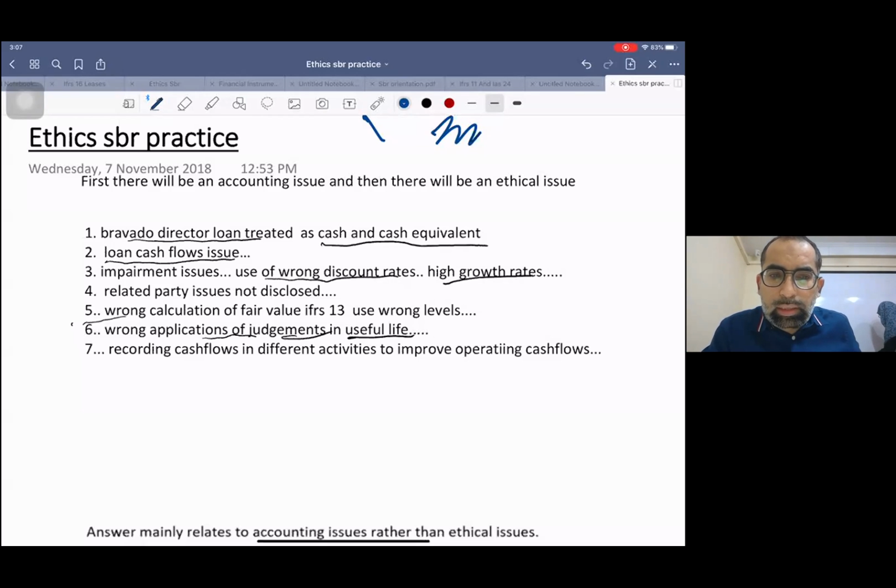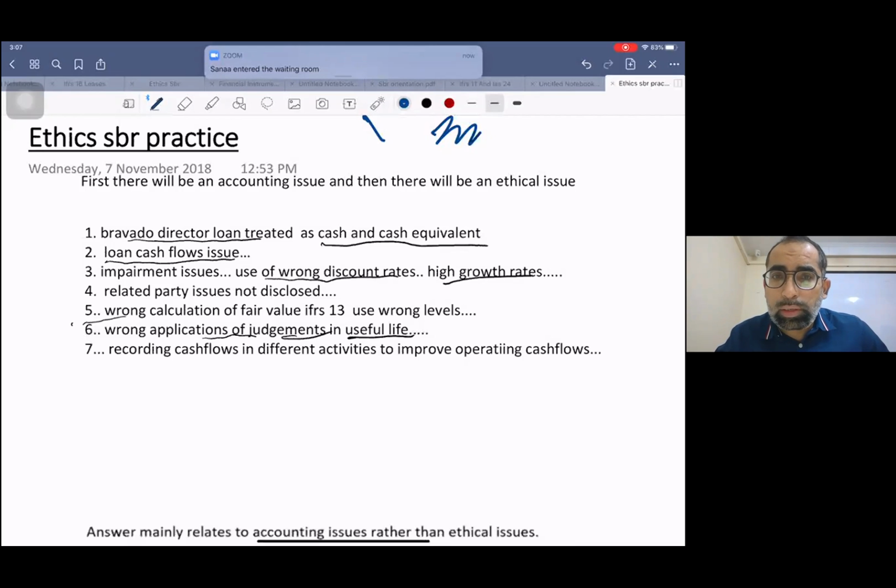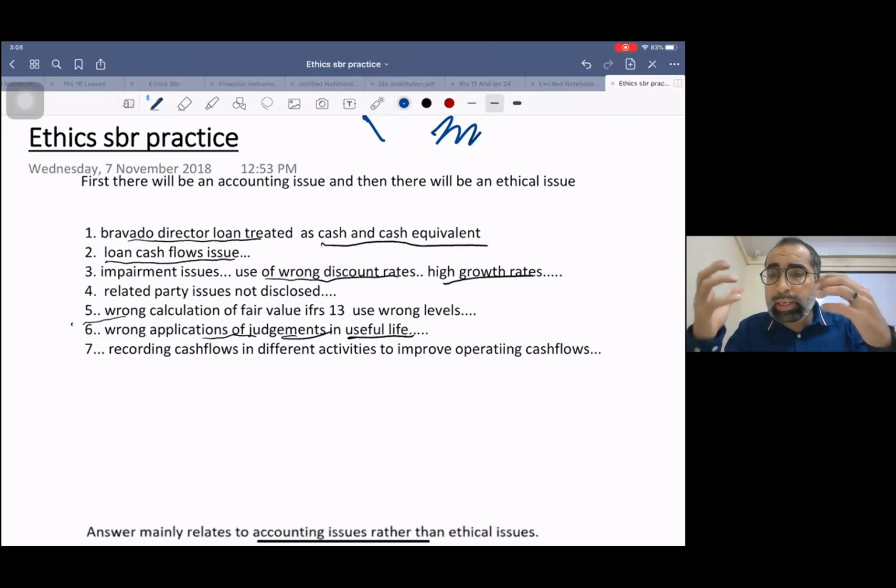Similarly, you have seen the three activities in cash flow. In the last revision day we discussed cash flow. In the cash flow there are three activities: operating, investing, and financing activities. Now, normally out of these three activities, shareholders look at operating activities very carefully, because operating activities are the principal revenue generating activities.